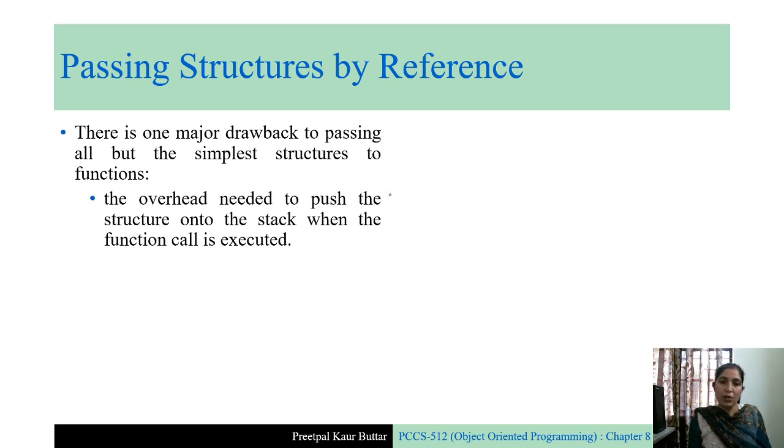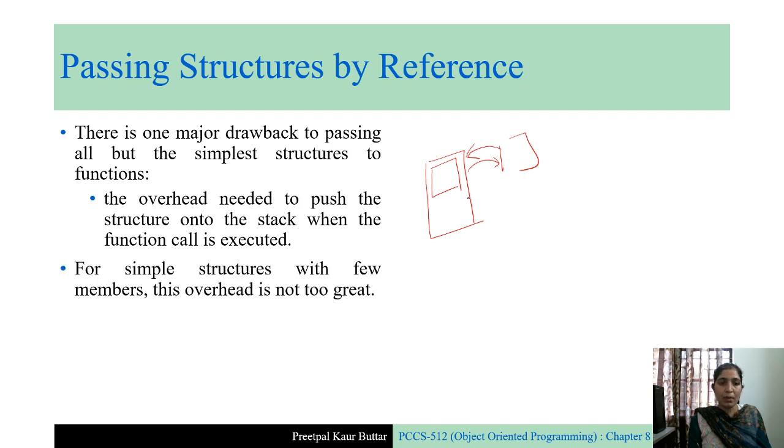So when you are passing, the entire structure has to be pushed onto the stack. The entire structure has to be saved, so that when you return back from the function call, you can access the same state of the structure.